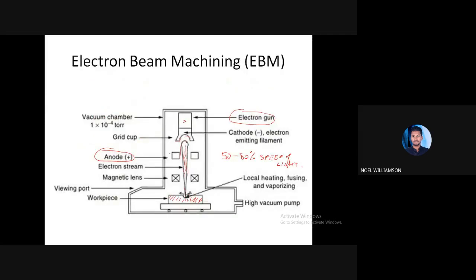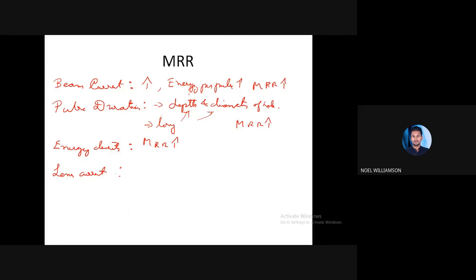Here you can see this is the focus point where the electron beam is being focused, and this is the electron gun. So this distance between these two is determined by the lens current. By changing the lens current, we can change the distance between the two.